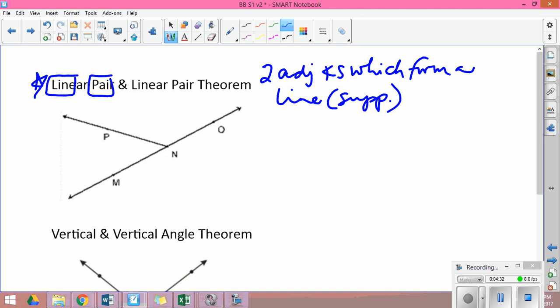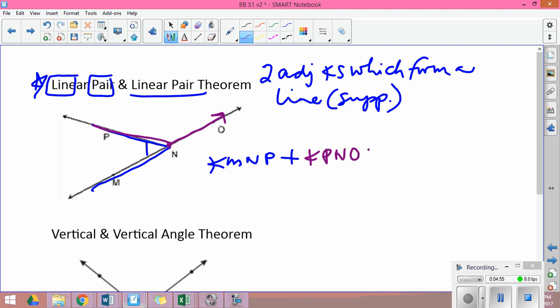So that's what the linear pair theorem says, is that these two adjacent angles that make a line always add up to 180. So what I'm going to write is that angle MNP plus PNO will equal 180.